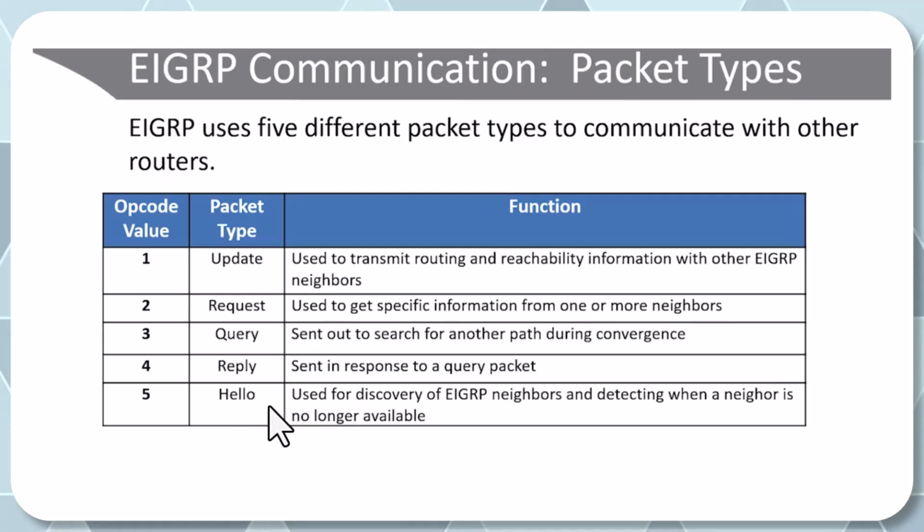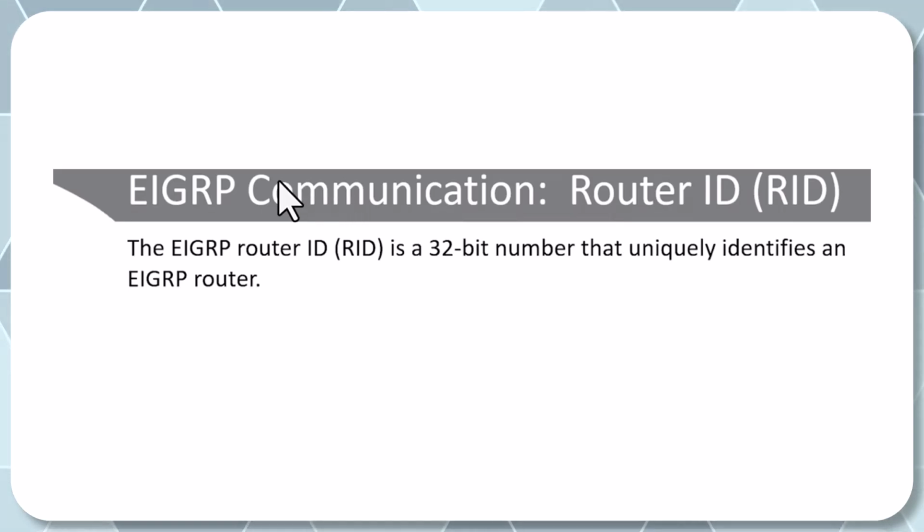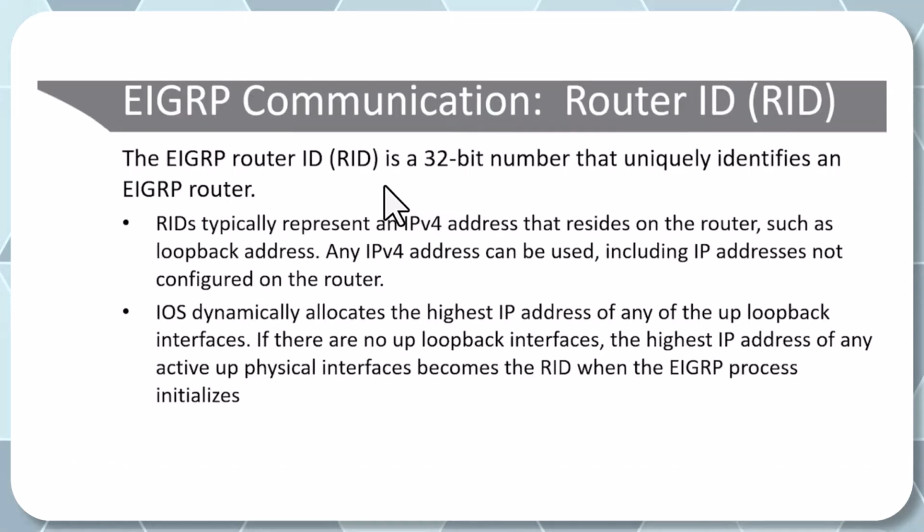And finally, hello packet, used for discovering EIGRP neighbors and detecting when a neighbor is no longer available. So it will basically use hello packets. EIGRP communication is based on the router ID.